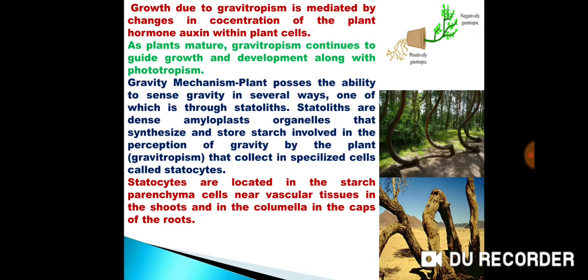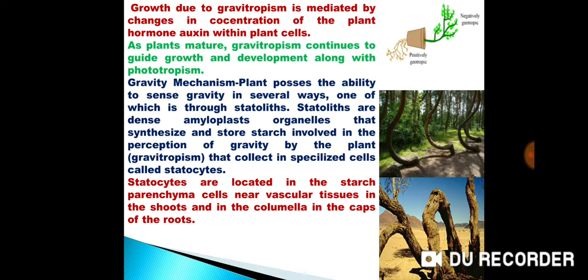Growth due to gravitropism is modified by changes in the concentration of the plant hormone auxin within the plant cell. After a plant cell matures, gravitropism continues to guide growth and development along with phototropism. Gravity mechanism: a plant possesses the ability to sense gravity in several ways, one of which is through statoliths.